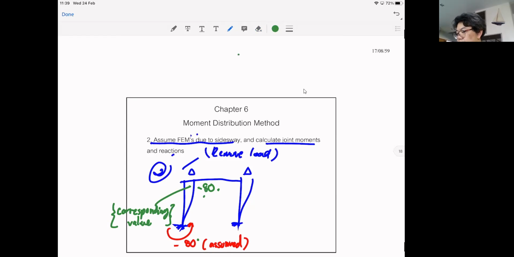When you have this case, the moment must be equal, to resist the movement of your member, and go in the same direction. So if you say, I like number 80, I assume this 80, but actually I also like number 120, can I use 120 here? No. You assume, but you must assume based on the proper rules of structural analysis as well.